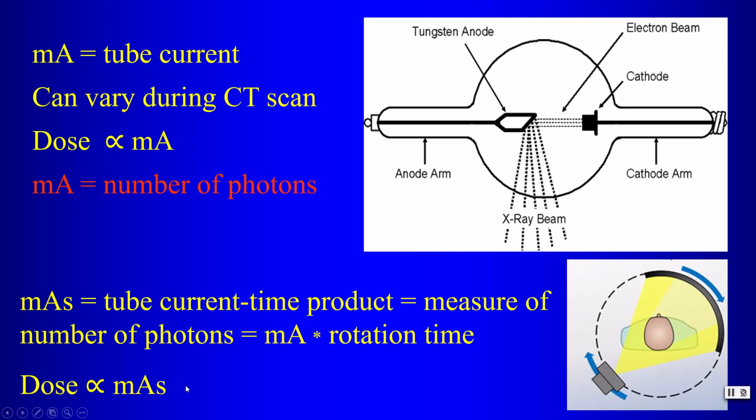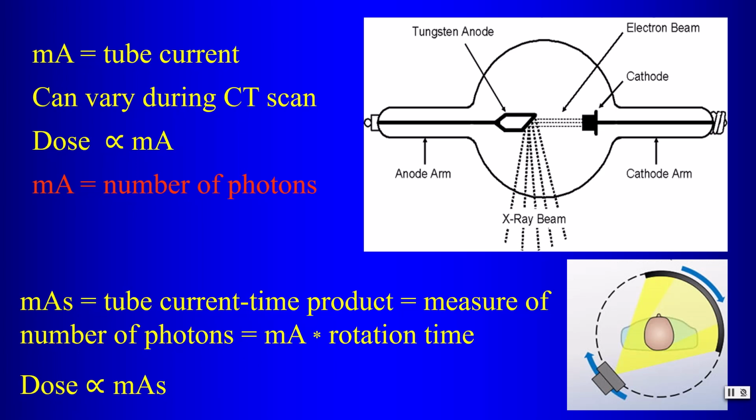If your tube current is a certain number and your rotation time is 1 second, then your mAs is, let's say your tube current is 300 milliamps, and your rotation time is 1 second, then your mAs is 300.